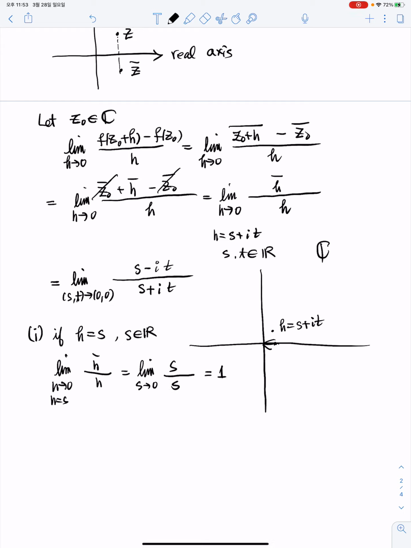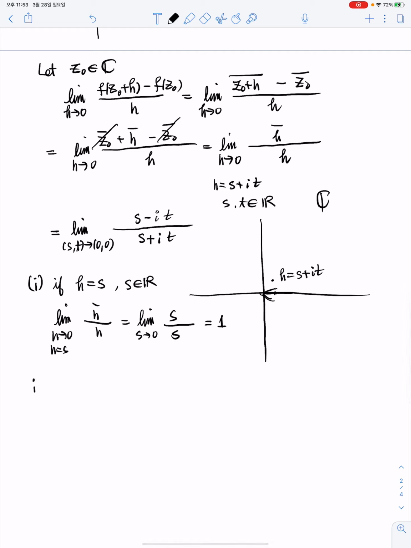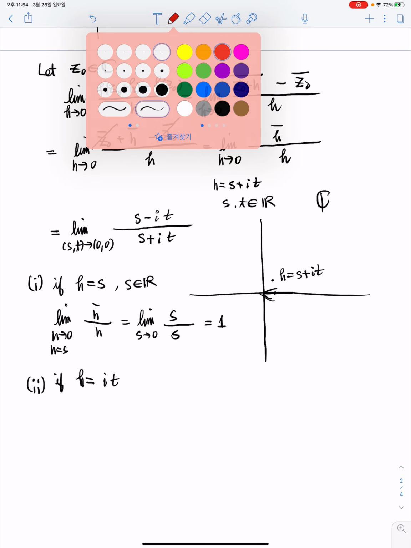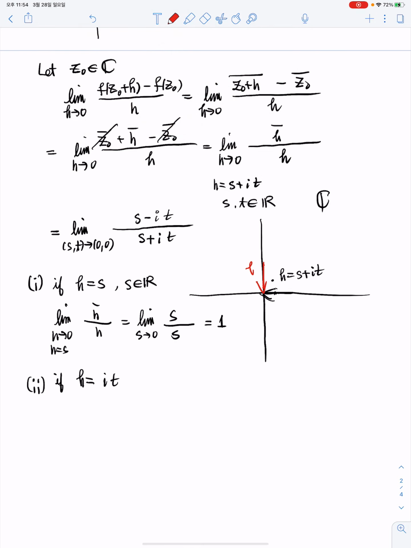You take one path, h follows this route, then you have this limit. In other words, if h follows the imaginary axis, h equals it, you follow this path. So h is in here, converges to 0.